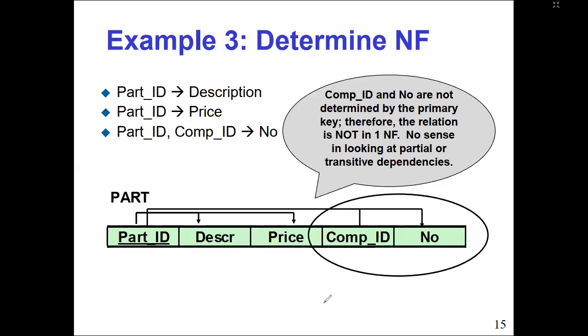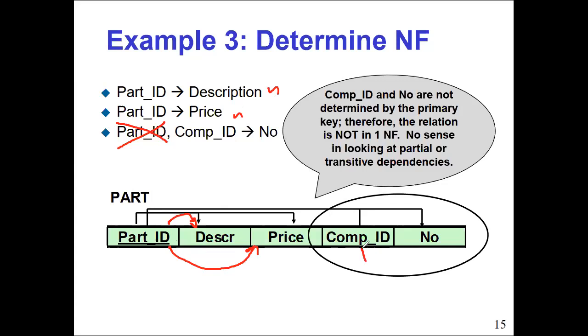Right here I have a small problem. This is the problem. Part ID determines description, part ID determines the price. That is this one and two. This is wrong, right?